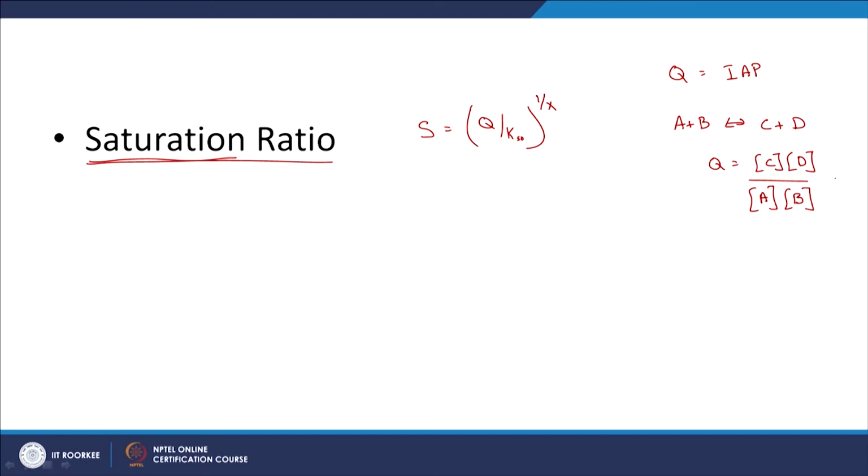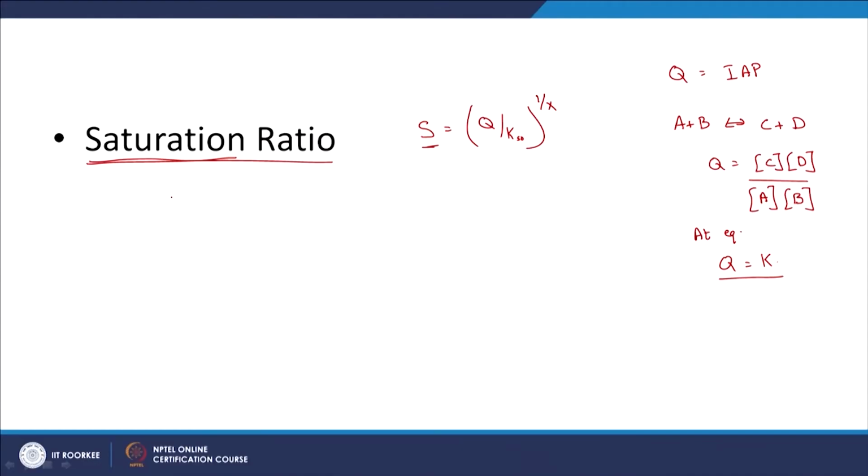But obviously this is not at equilibrium. If the system is at equilibrium, Q will be equal to the equilibrium constant. Anyway, Q is the ion activity product, which we discussed earlier. I am just trying to refresh your memory because it's been quite some time.